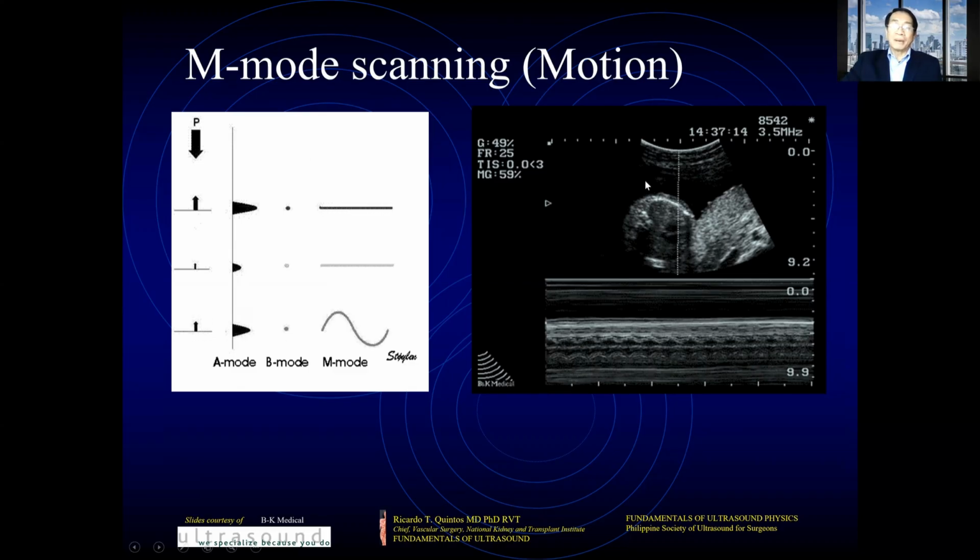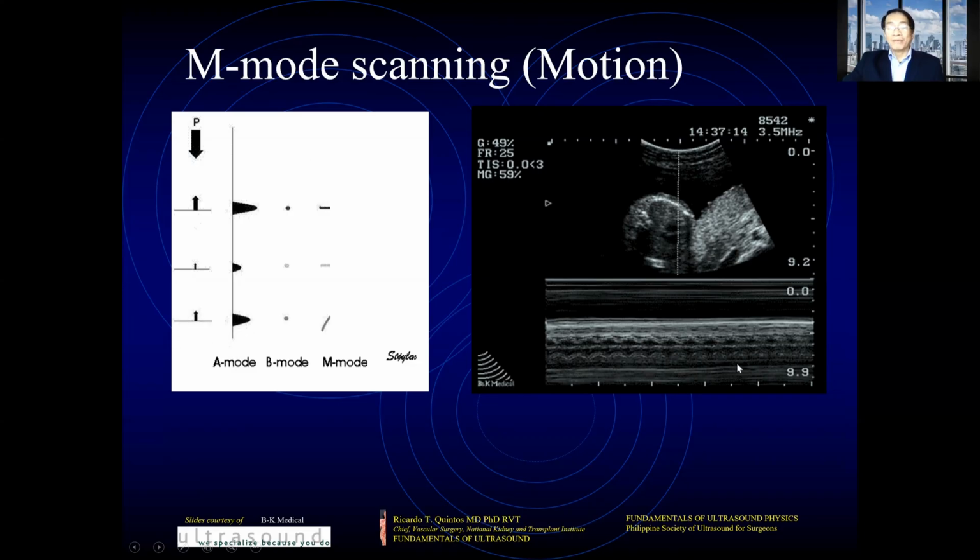So this is pretty much used in many self-moving organs. For example, the heart. As the heart is beating, you're able to see the movement of the valves, the movement of the ventricles and the atria, and you will see them plotted against a longitudinal axis of time.